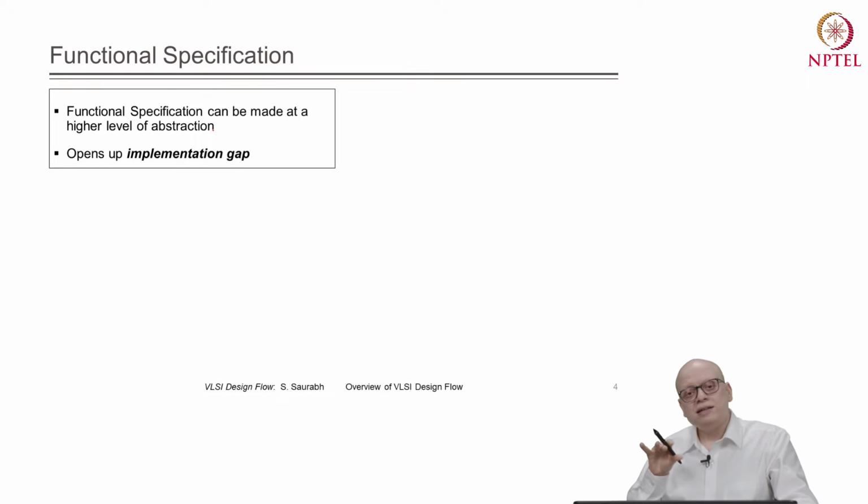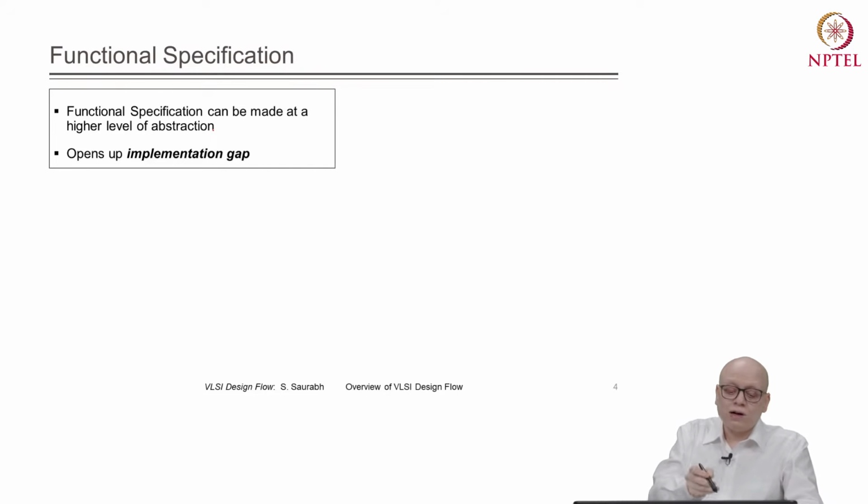But there is a downside with this also. The downside is that once we make a specification in a high level language, we then need to take it to an RTL, right? Or we need to convert that specification to an RTL, and that creates what is known as an implementation gap.